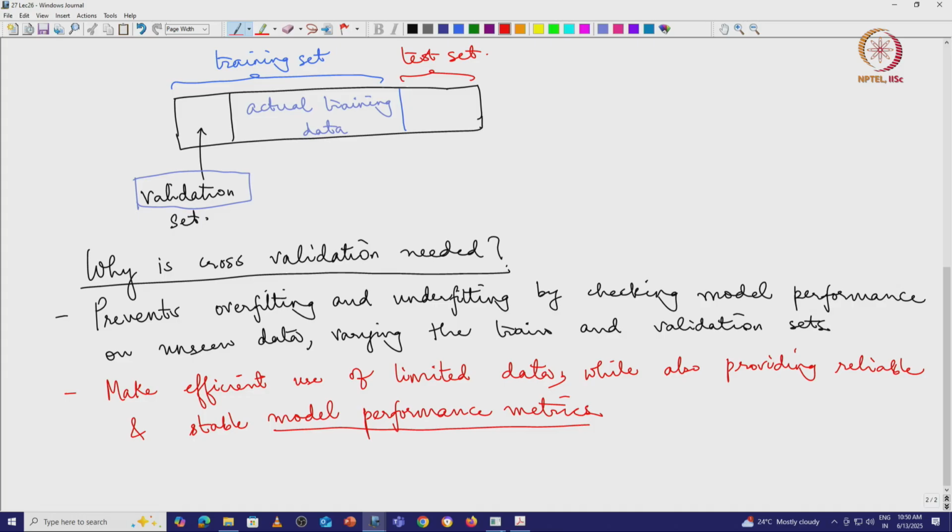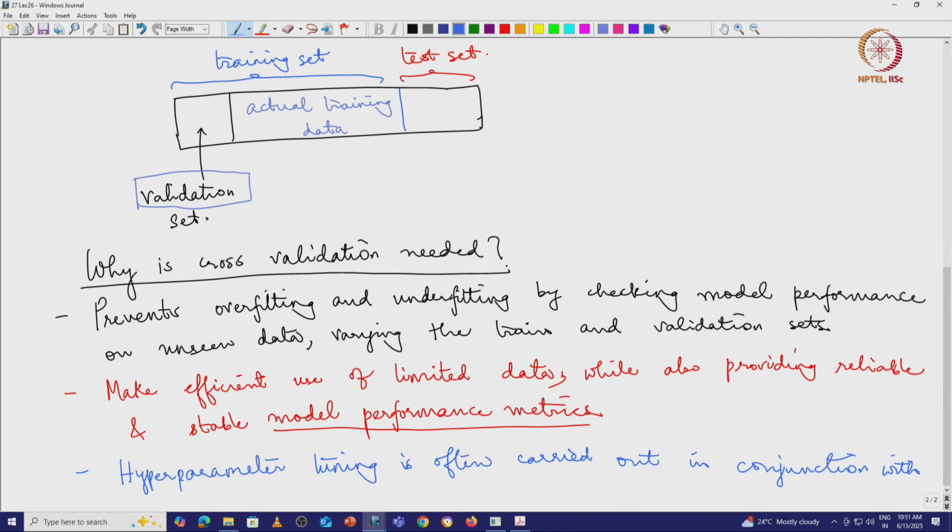Another advantage is that hyperparameter tuning is often carried out in conjunction with cross validation.